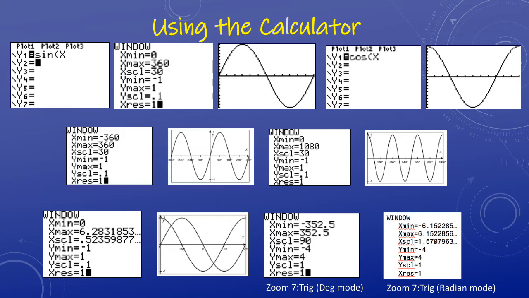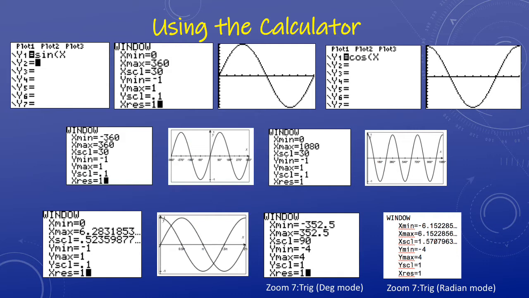When we are in degree mode and we hit zoom 7 trig, x min and x max are set to -352.5 and 352.5 with a scale of 90 and a y min of -4 and y max of 4.